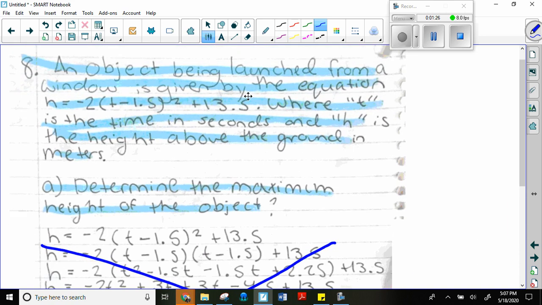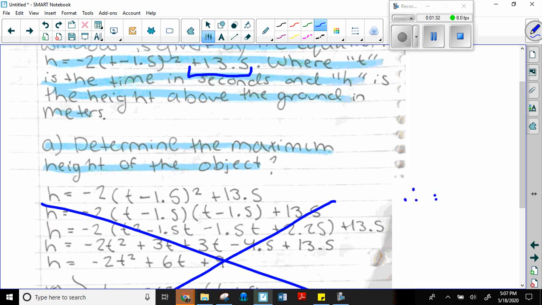This is vertex form. If this is vertex form, that's the max. Therefore, max at 13.5. That's it. That is all this question is asking.